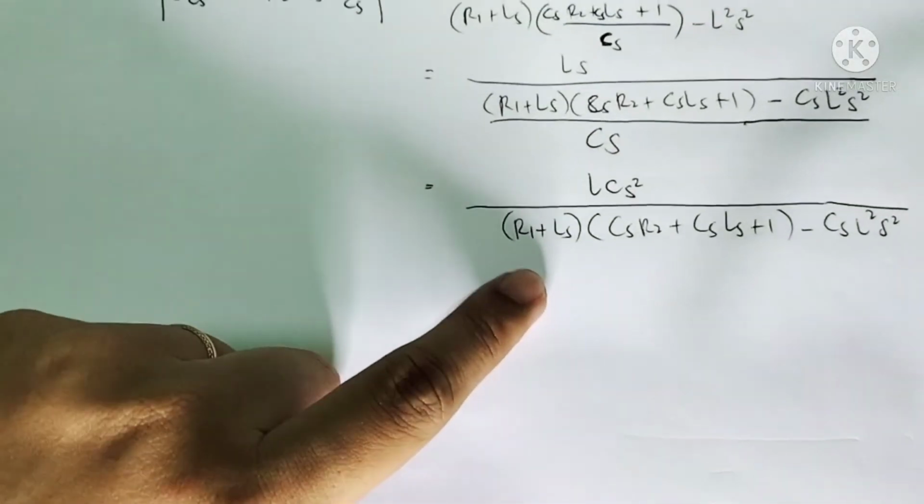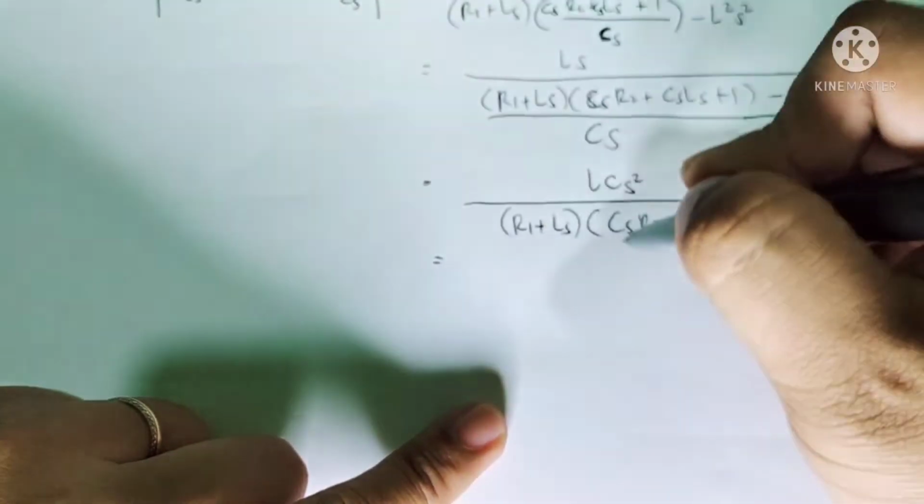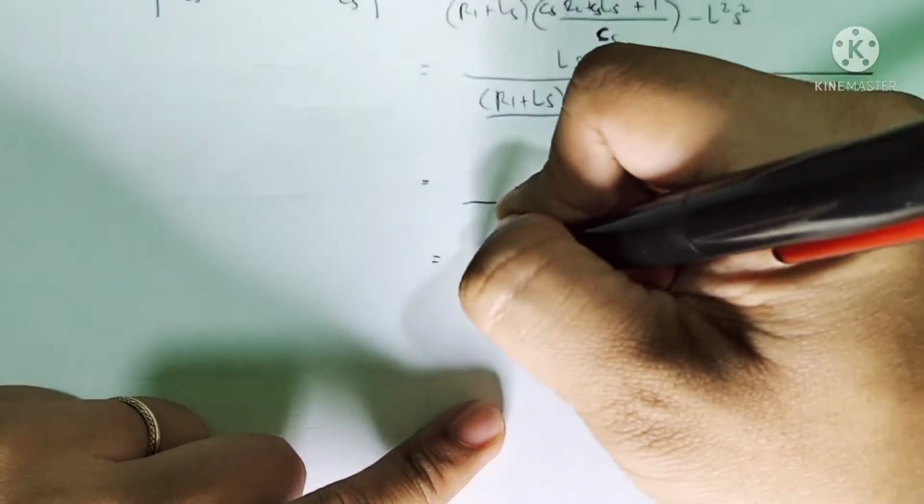We're going to expand these terms. So this will be LCs squared.